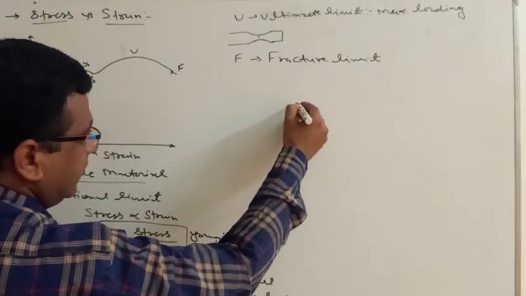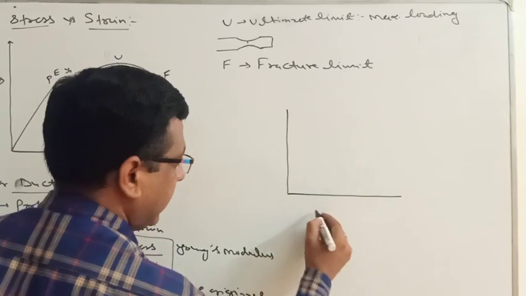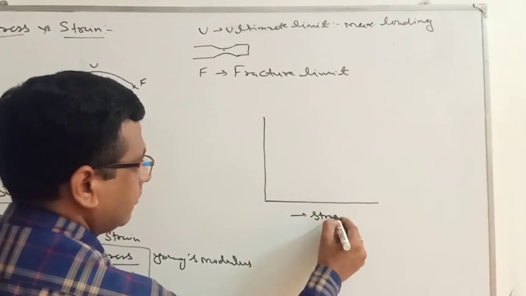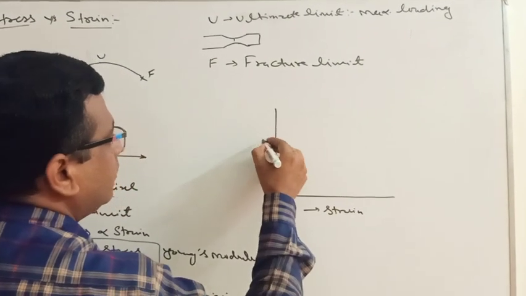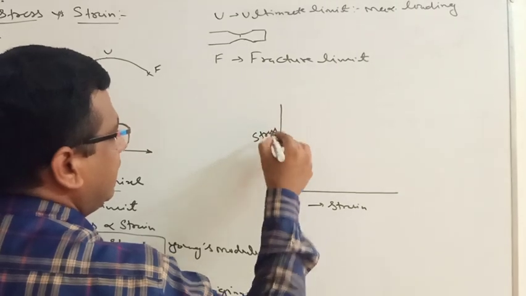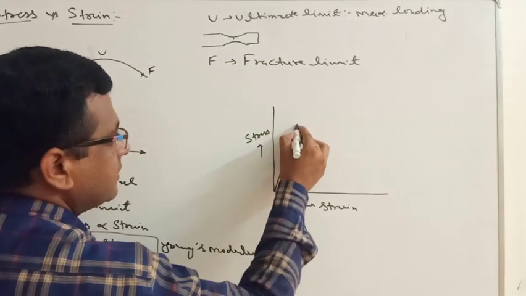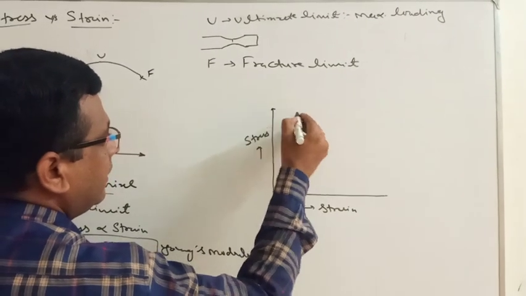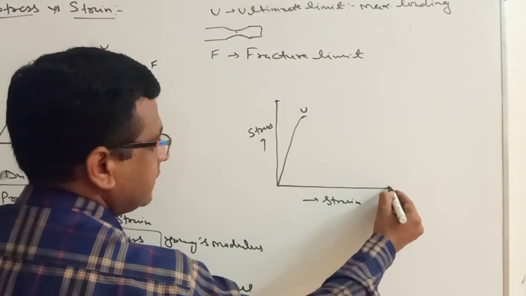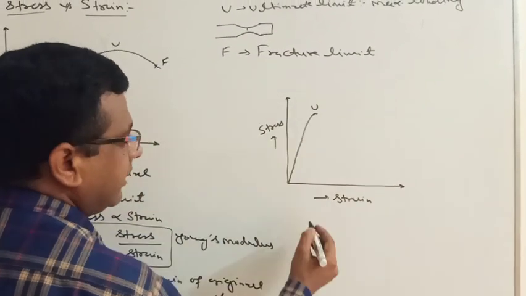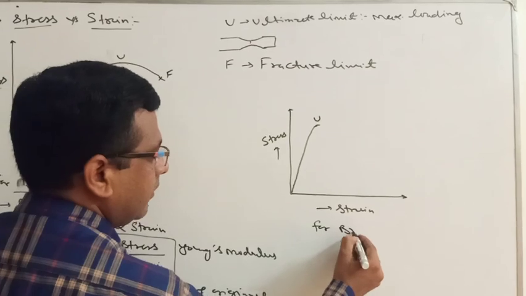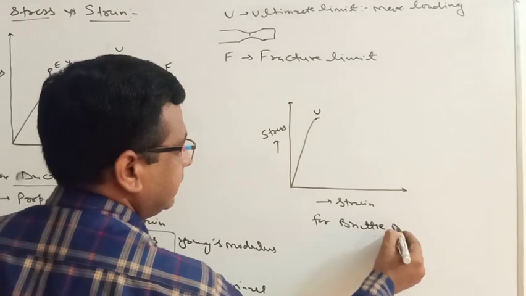And if we consider the stress strain diagram for a brittle material, then the failure is like this. This is our failure, and the maximum limit reached is the ultimate limit for brittle material.